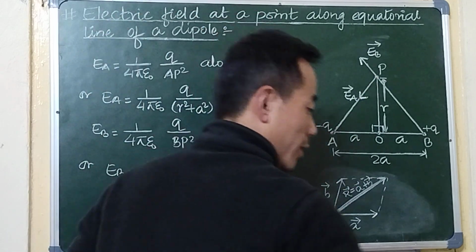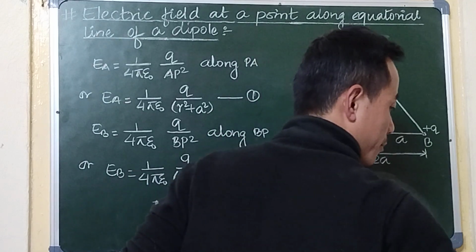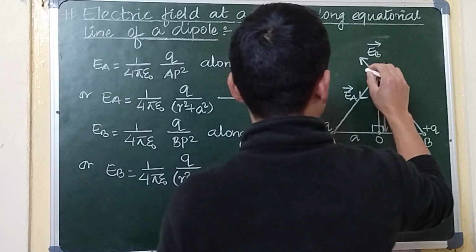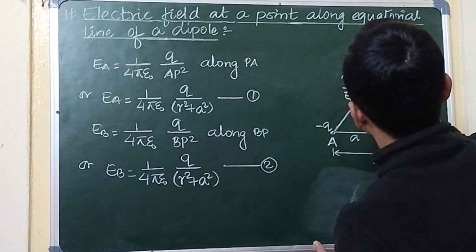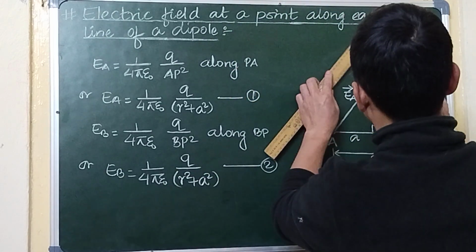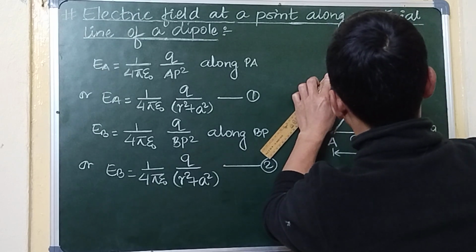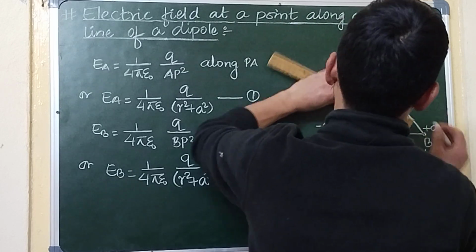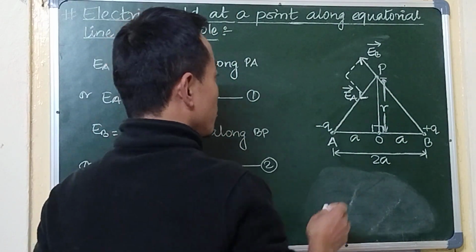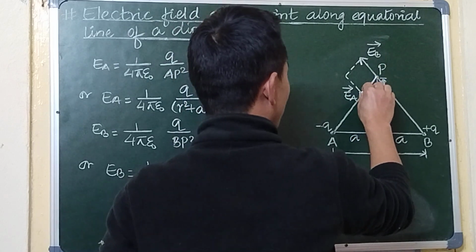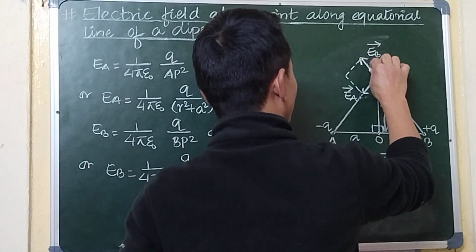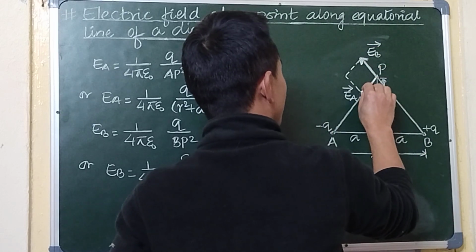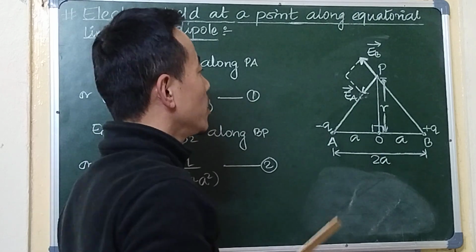Okay. So for that, what we will do is, if we join this, then we can form a parallelogram here. So EA is given by this side and EB is given by this side, and they have a common vertex at the point P. So the resultant of these two vectors will be given by the diagonal.